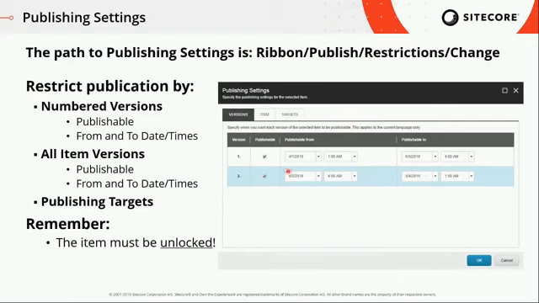So in this example on the screen, version 1 of this item is available to be published from April 1st, 2016, and it will remain live on that site and publishable, every time you run a publishing operation to update it, smart publishing. It's going to leave this particular version in place between April 1st and June 3rd.